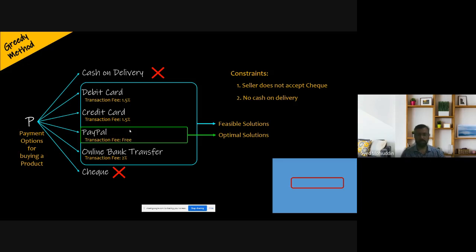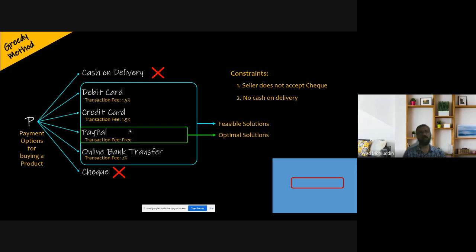Greedy, I mean, we try to find something much better, which is cost effective. That is what the greedy method is. So instead of using debit card or credit card, we will exercise the option of PayPal, which costs us less. That is why the term is greedy. We want something better with less cost.